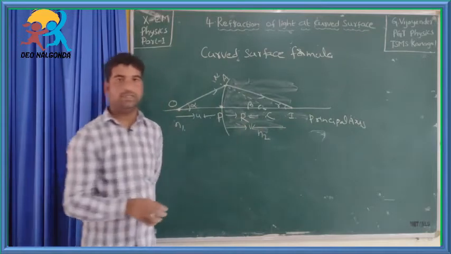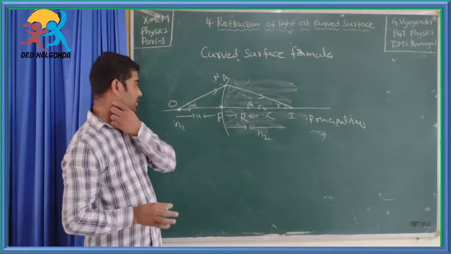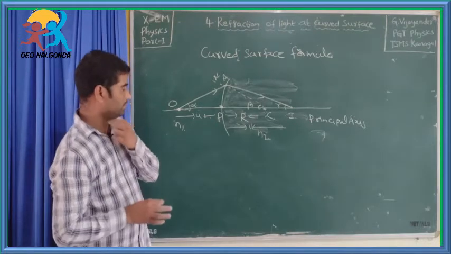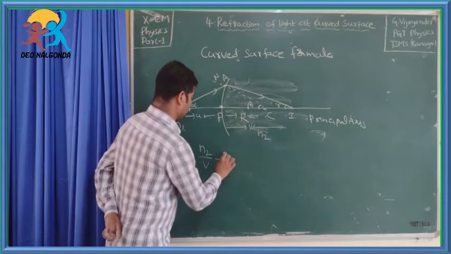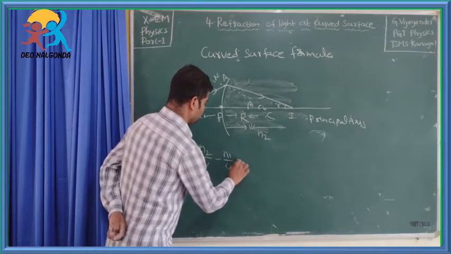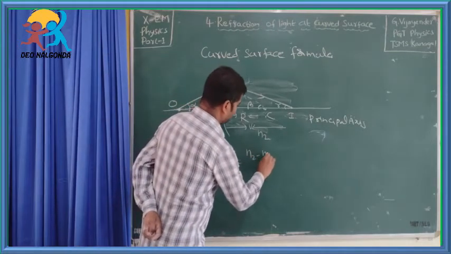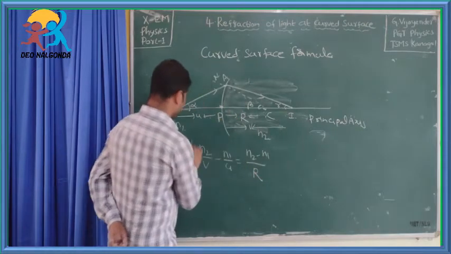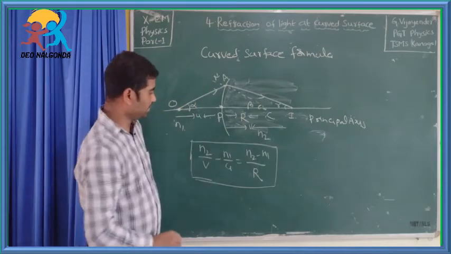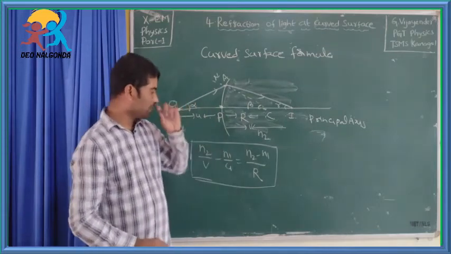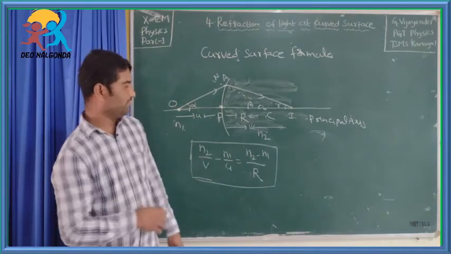Then we have the relation between refractive indexes, radius of curvature, object distance u and image distance v, that is n2 by v minus n1 by u is equal to n2 minus n1 by r. This is the relation between refractive indexes, object distance, image distance and radius of the curved surface.